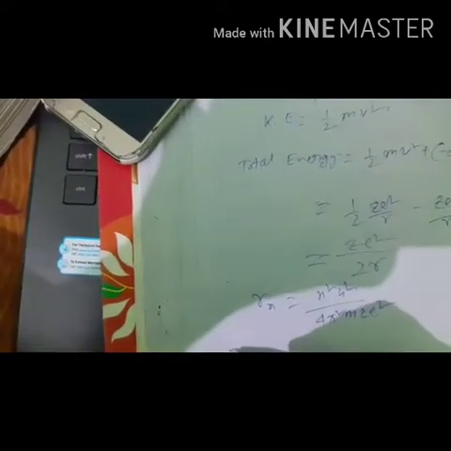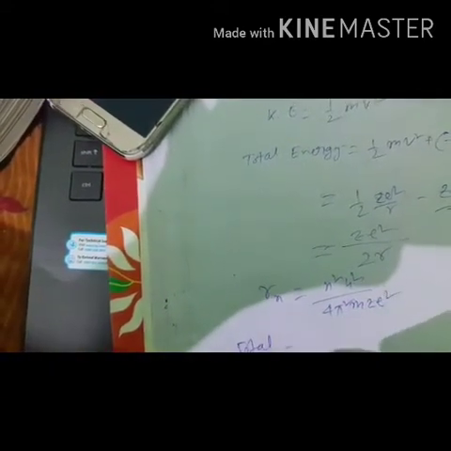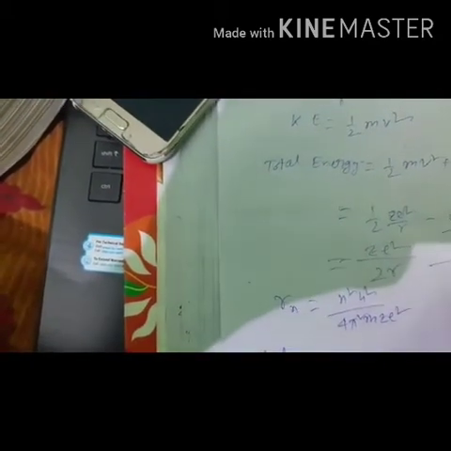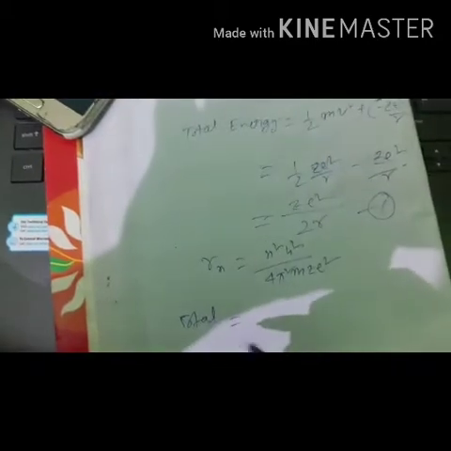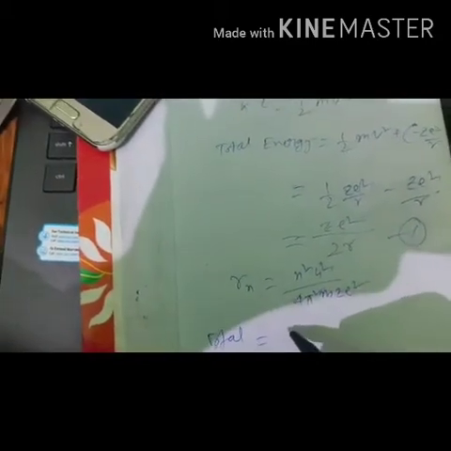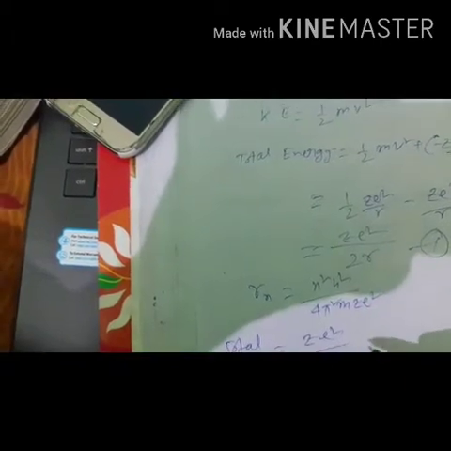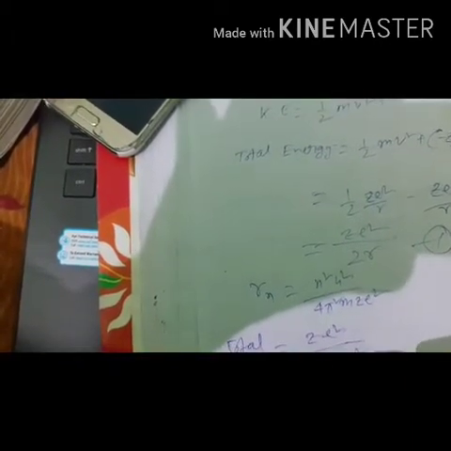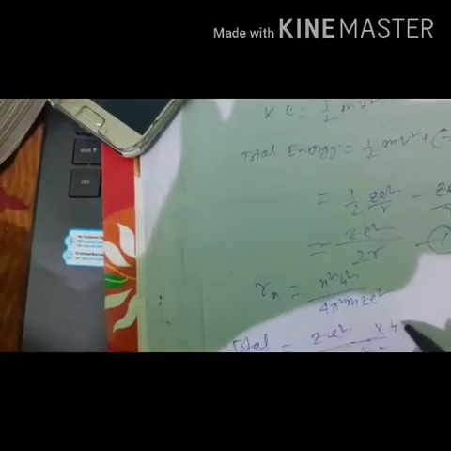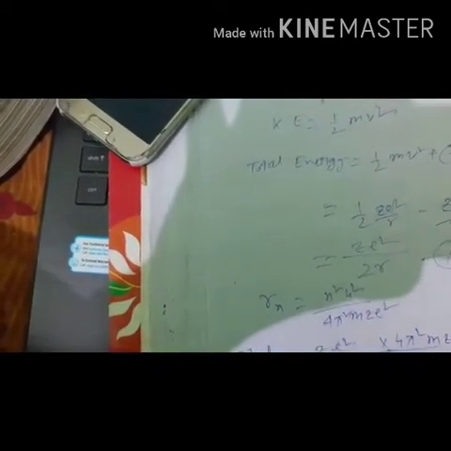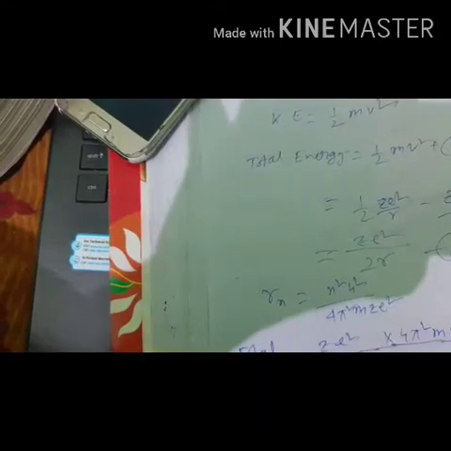Now what will the total energy of the electron be? If we put the r value in this equation 1, then it will be Z square divided by 2 into n square h square into 4 pi square m Z square.